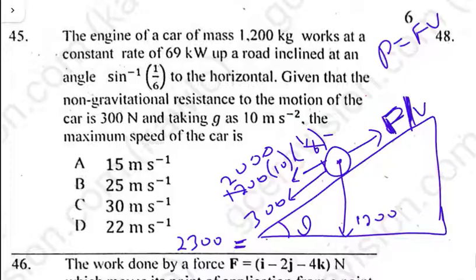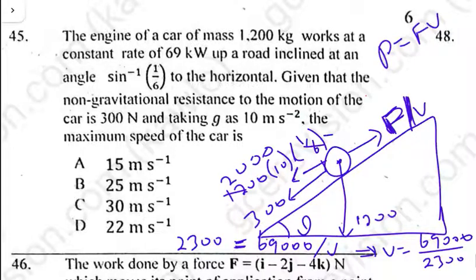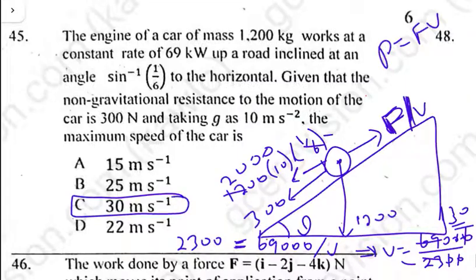So our power here is 69 kilowatts, right? So they're going to give us 69,000 on V. So from here, what's going to be our V? Our V will be equal to 69,000 divided by 2300. 23 here, 1, 23 here. So that's going to give us 30 meters per second.